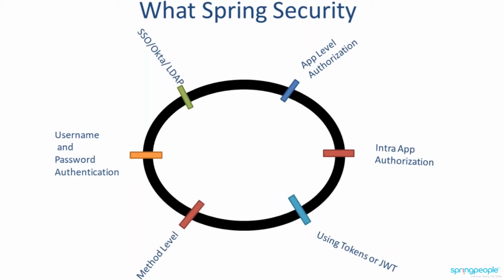Based on this token, the user will or will not be able to access the application. So those tokens can be configured, or for individual methods you can configure different security. So that is about what Spring Security is.